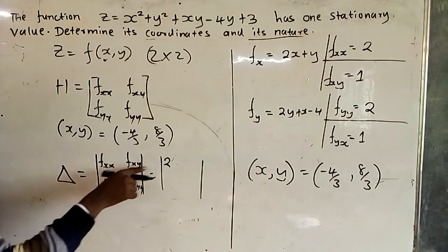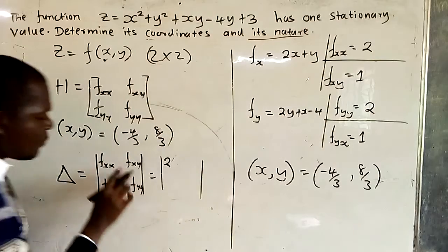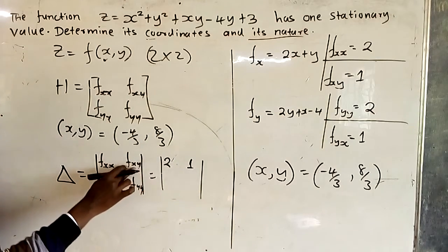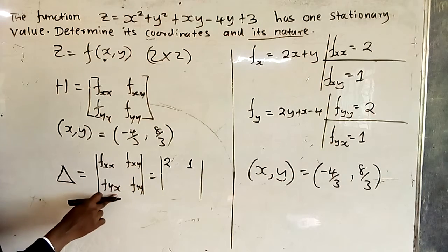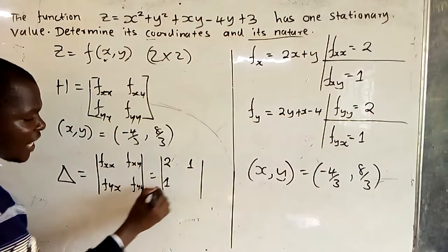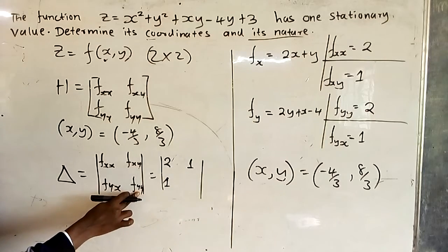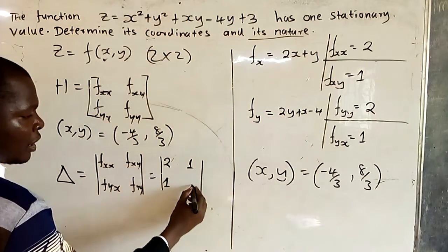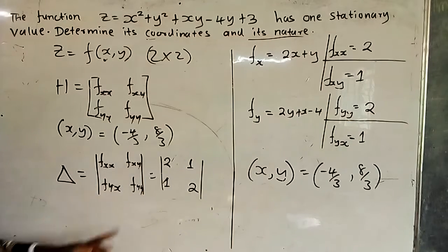Then what is f of xy? F of xy is 1, you put it where it is. The next is f of yx, which is 1. Then the last one is f of yy, which you found to be 2. So you've defined that.